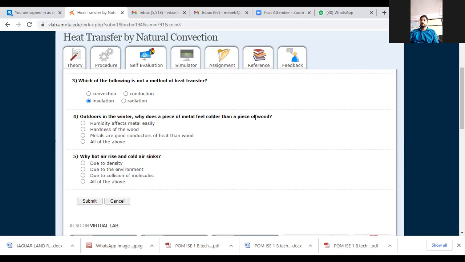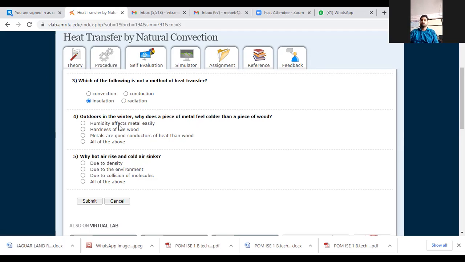We know that metals are having good thermal conductivity, and those materials can easily respond to change in environment. Or they are highly responsive to change in environment, and because of that, we can say that the metal feels colder than the wood.